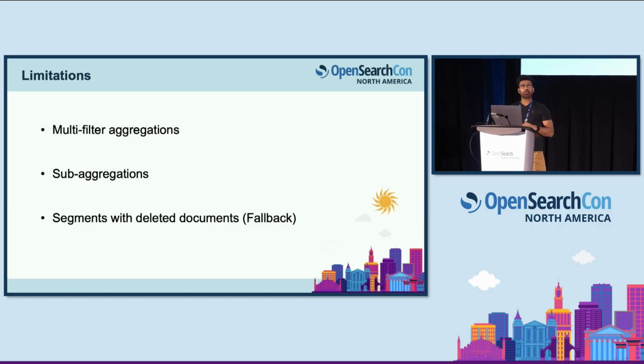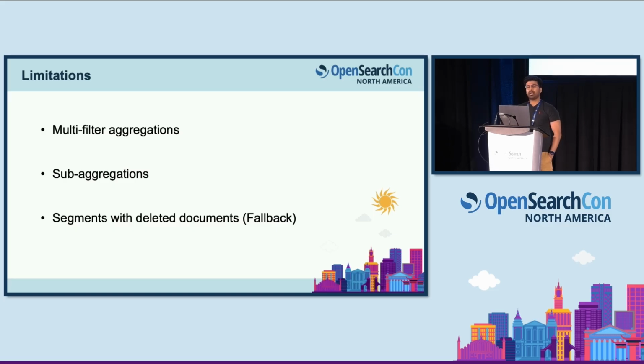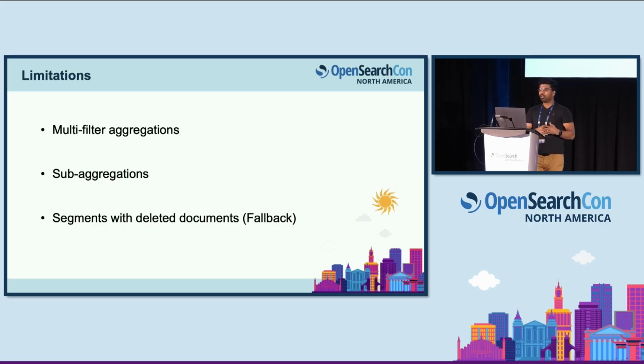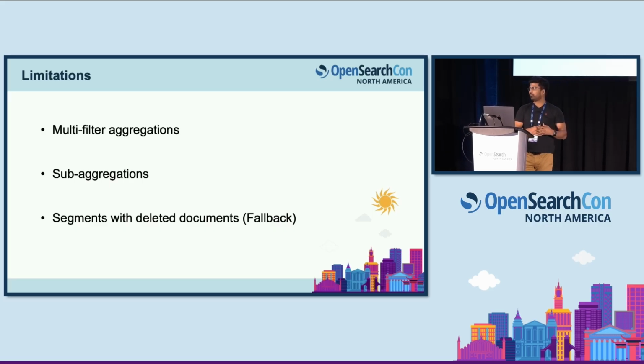Also, if you want to do sub-aggregation, it runs into the same issue. And if there are any deleted documents for a segment, in that case also, we are not able to use this, because Lucene maintains deleted documents separately in a bit set, and we are not able to account for that in this multi-range traversal approach.